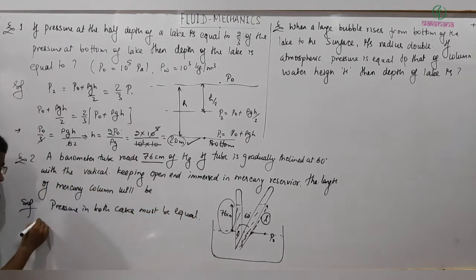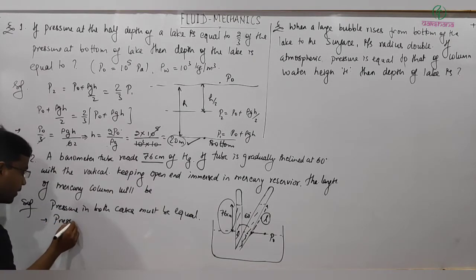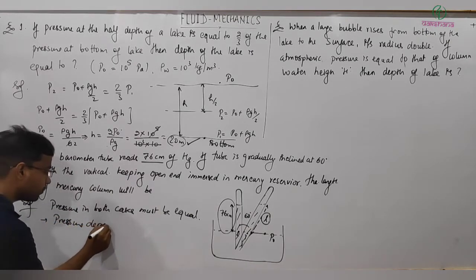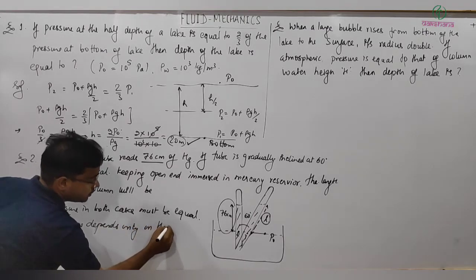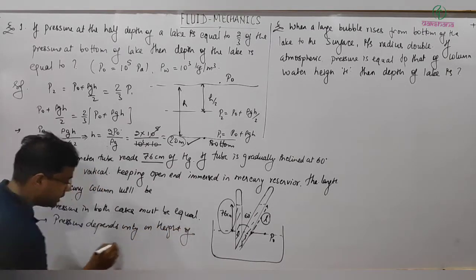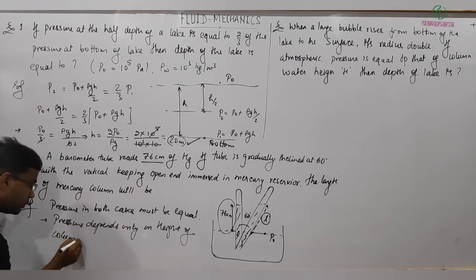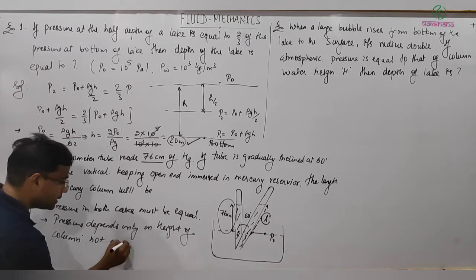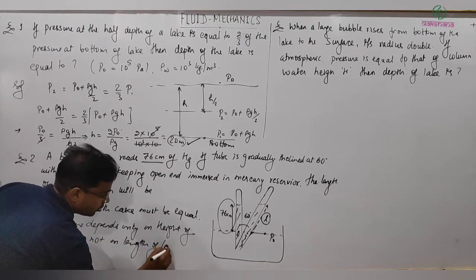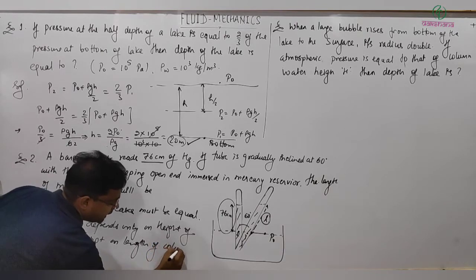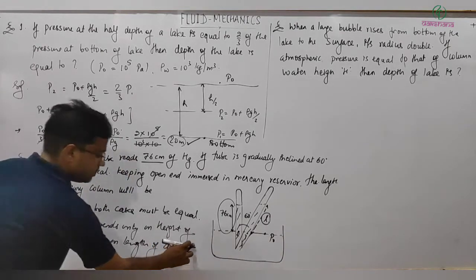And another point, pressure depends only on the height of the column, not on the length of the column. If length becomes equal to height, then yes, it will be the same, but otherwise not.